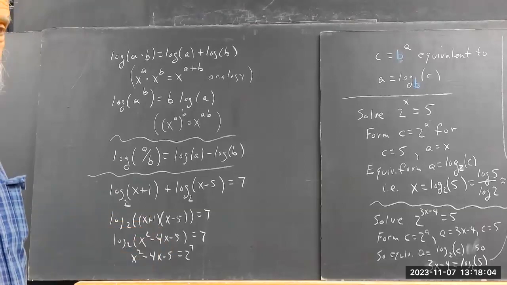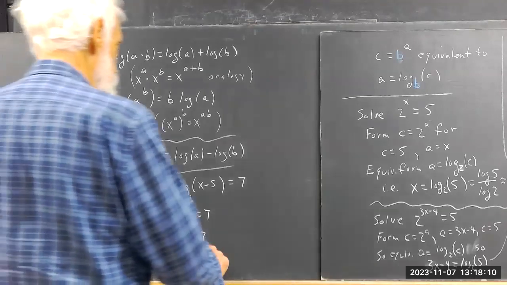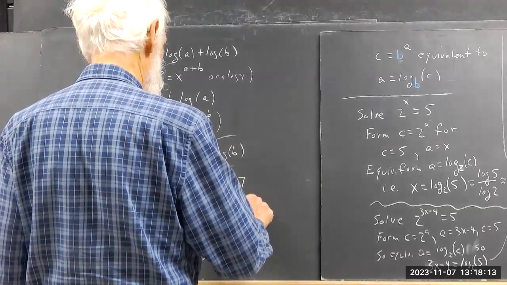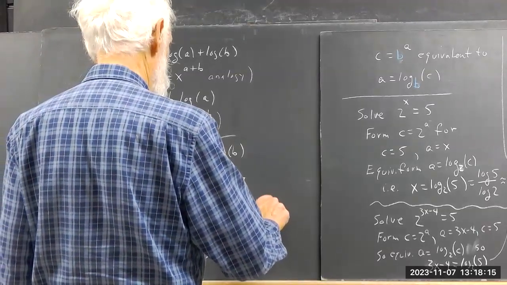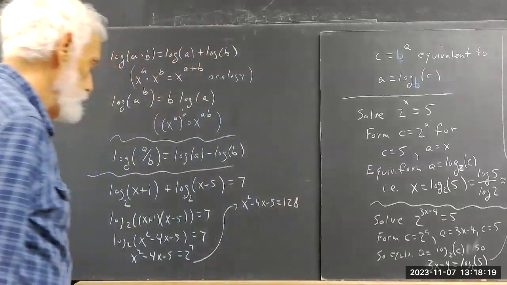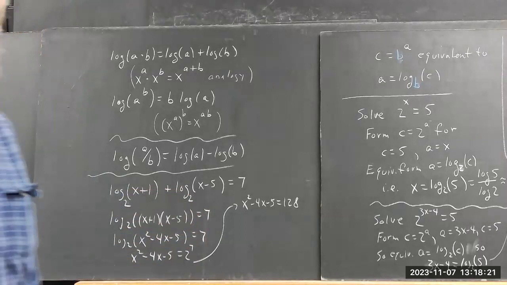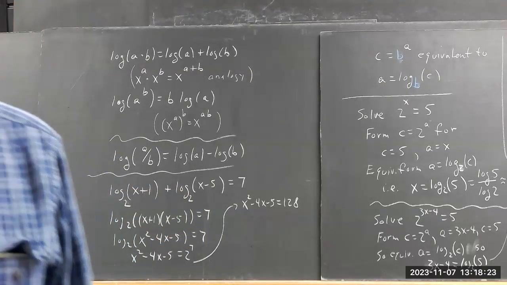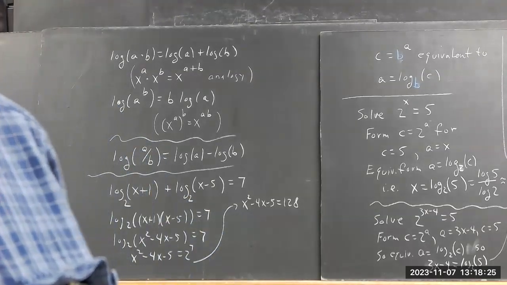Two to the 7th is 128. Can you solve that equation? Yeah, it's a quadratic equation.